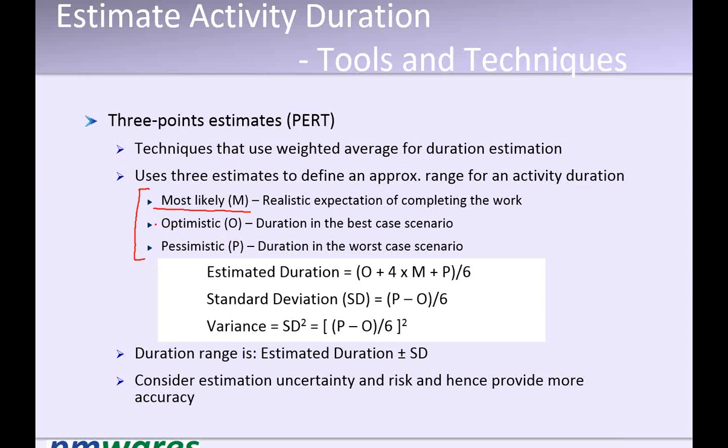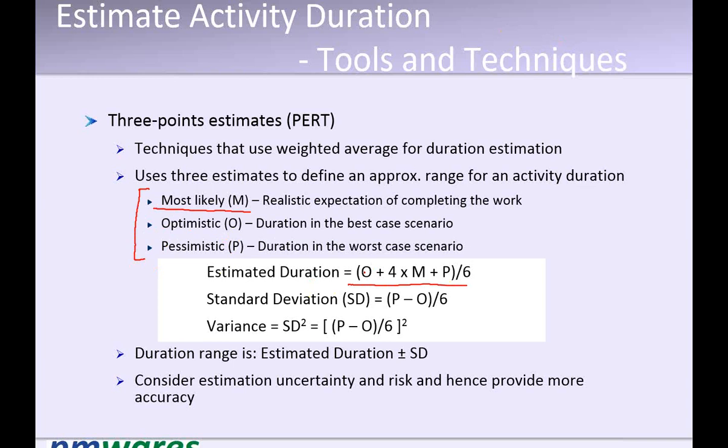So optimistic is for the best conditions, and pessimistic you estimate for the worst condition, and then apply this formula. This formula is optimistic plus 4 times most likely plus pessimistic, divided by 6. That means we are still biased towards the most likely. We want to remain near the most likely, but we also do not want to totally forget about optimistic and pessimistic.